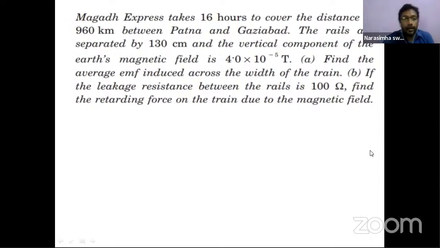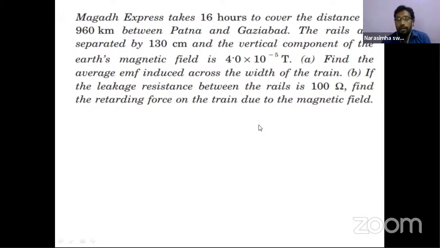Magadh Express takes 16 hours to cover the distance of 960 kilometers between Patna and Ghaziabad. The rails are separated by 130 centimeters, and the vertical component of the Earth's magnetic field is given.